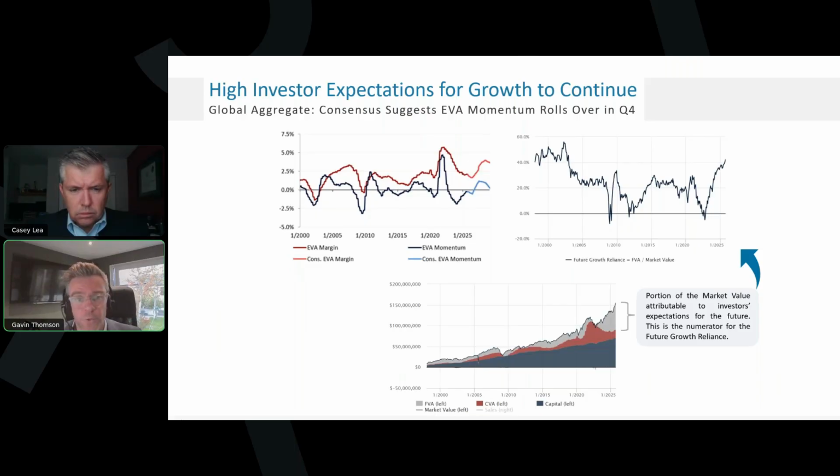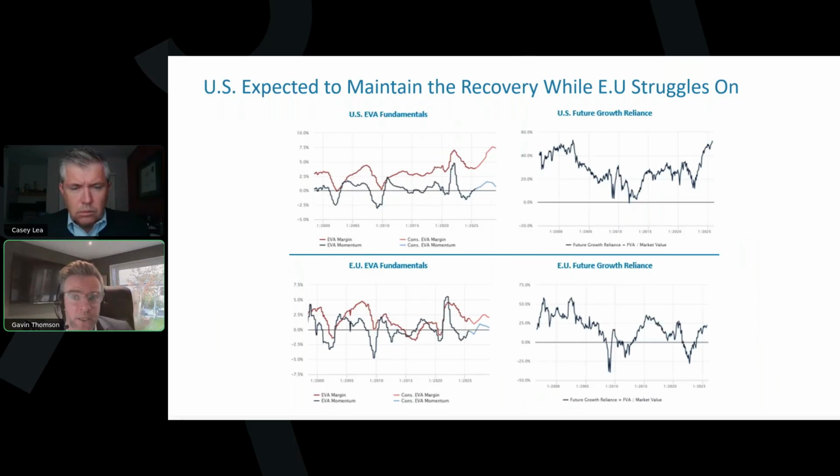Let's move on to the next slide, which looks at the US versus Europe at this point. The US has been a long improving journey, and that, similar to the global one, is not surprising.